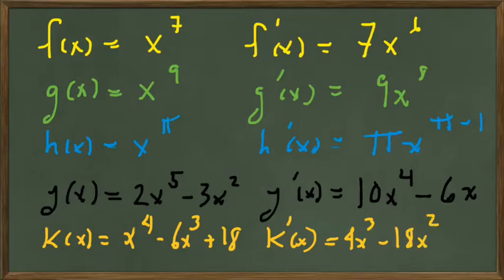When we take the derivative of the 18, so when we take the derivative of this last term, denoting the power on the x as 0, we bring the 0 down, multiplying it by the 18, and so we get, as our last term, a 0.